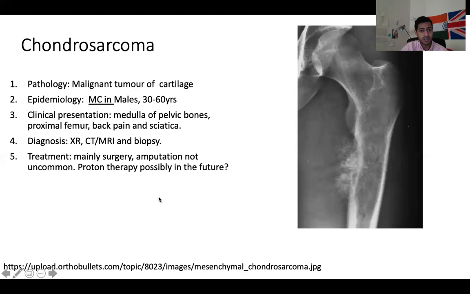The prognosis is very good. It is resistant to chemotherapy and radiotherapy, however, and yeah, so that's why surgery is used.